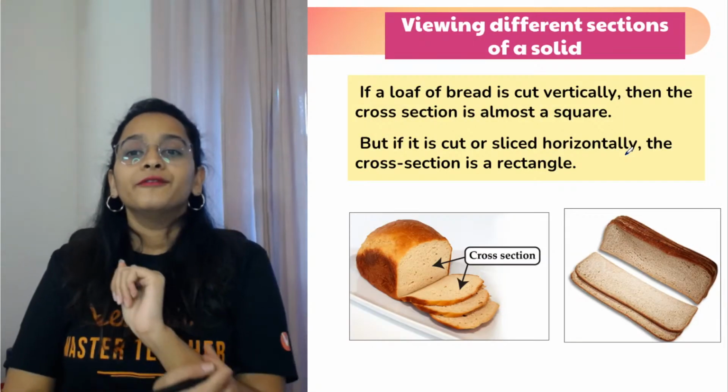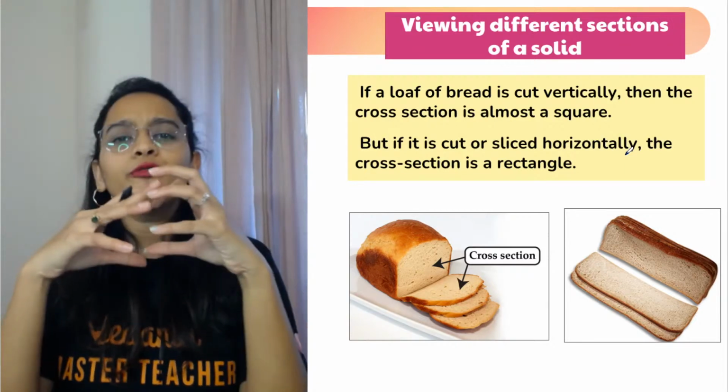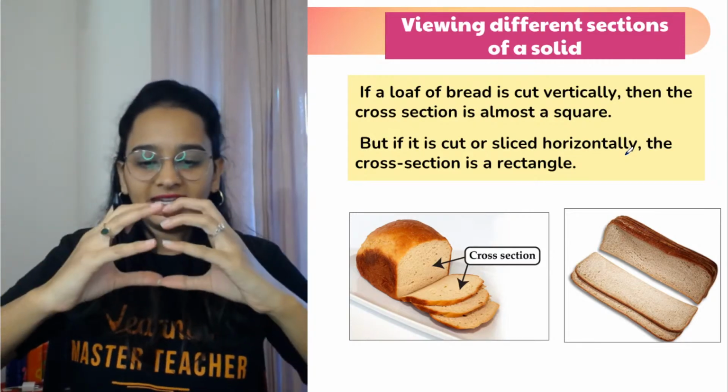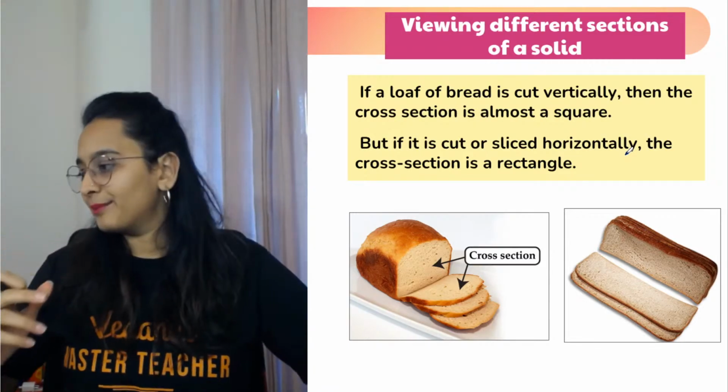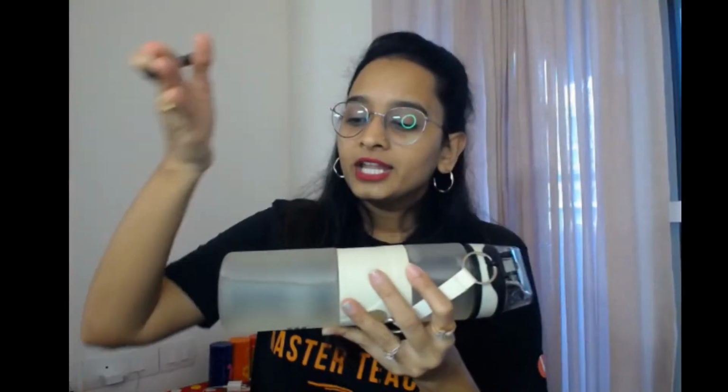Now, viewing different sections of a solid. All of you have seen a bread, right? Let us assume this is our bread loaf. If I cut the bread like this, you can see at the cross section what is forming: a square-like structure, right?